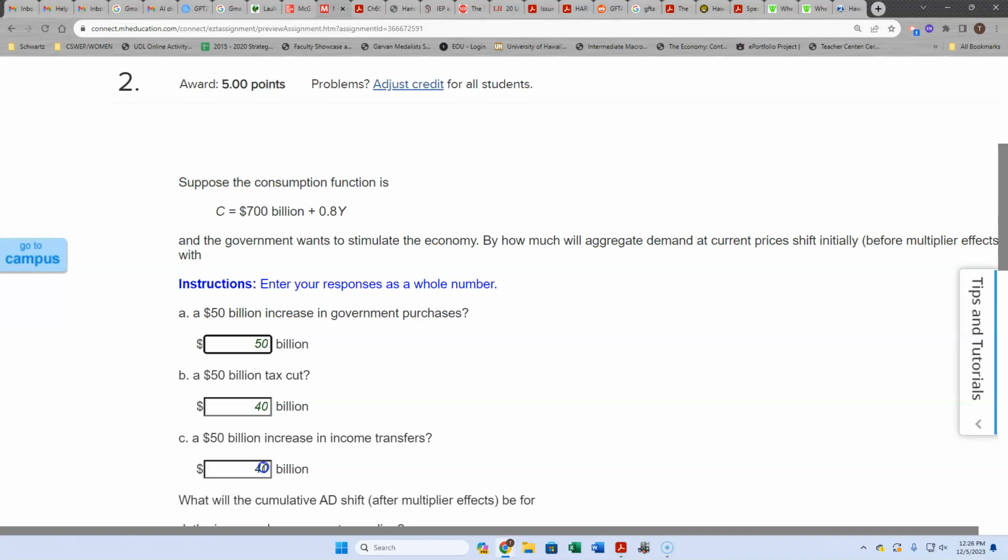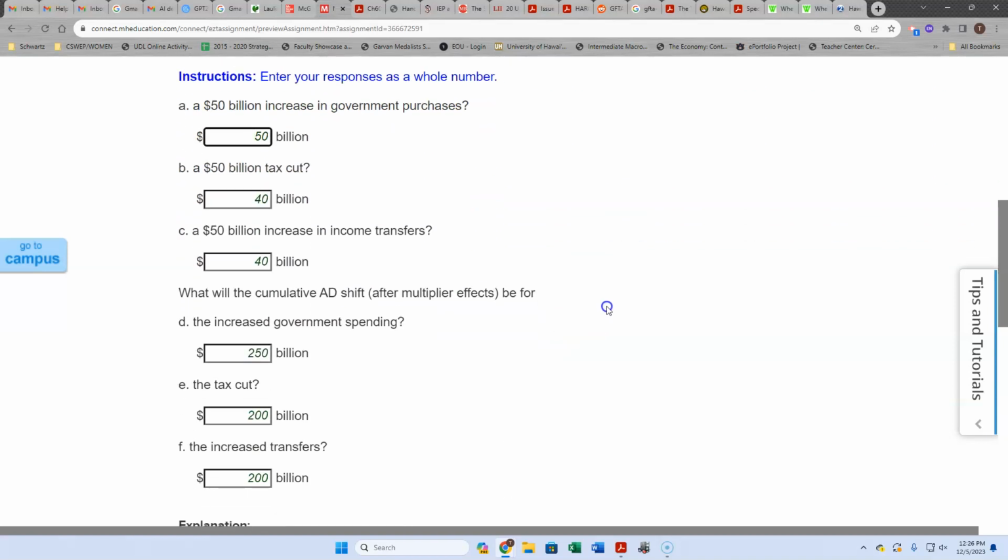Now what we want to know is how much the aggregate demand function as a total amount will change. To get the total amount from government spending, we take the 50 billion change and multiply it by 1 over 1 minus MPC, meaning 50 times 1 over 0.2. 1 over 0.2 is 5. So 50 times 5 is 250.